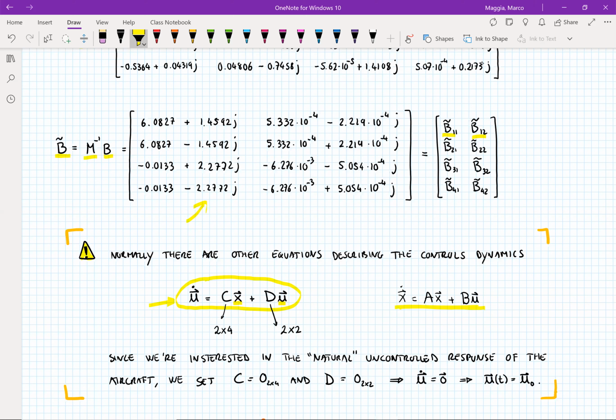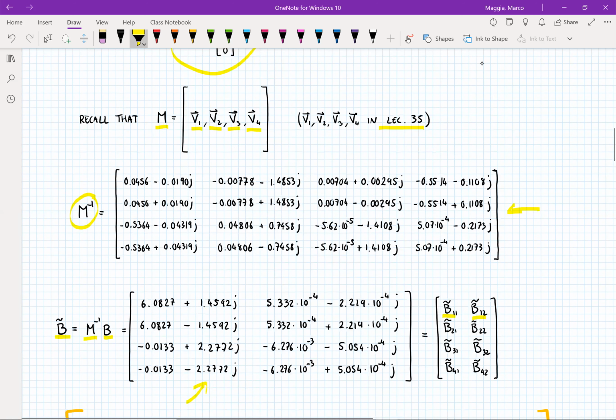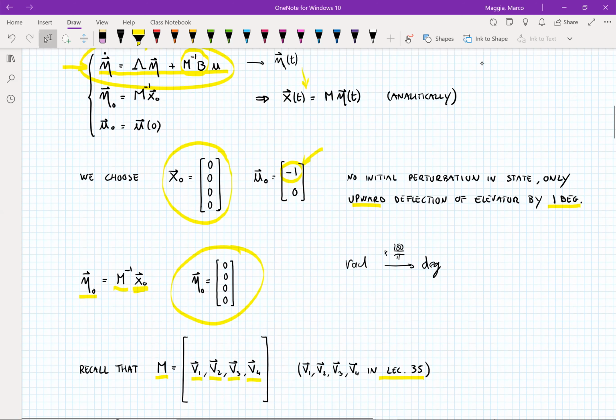Here we are just analyzing the behavior of the aircraft left on its own, so without any control. So the only control deflection or input that we're giving is just a perturbation. And that remains fixed. And let me explain it a little bit further here.